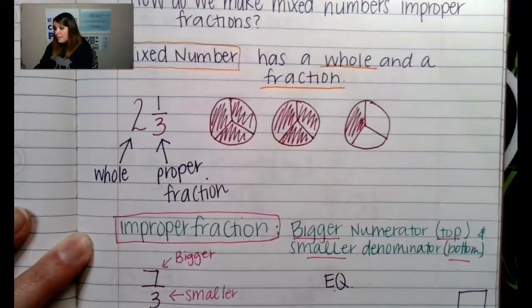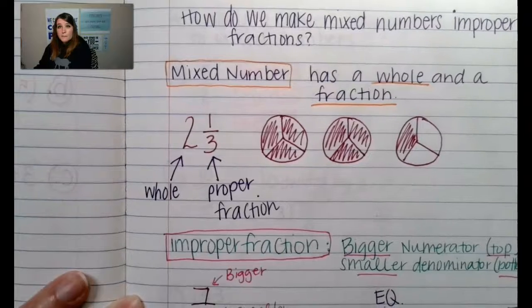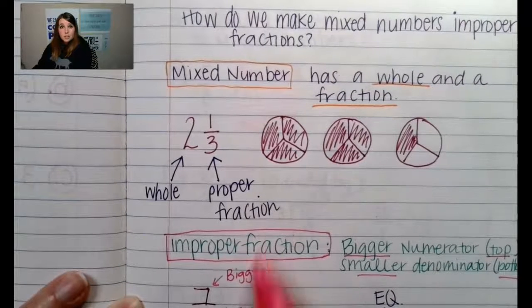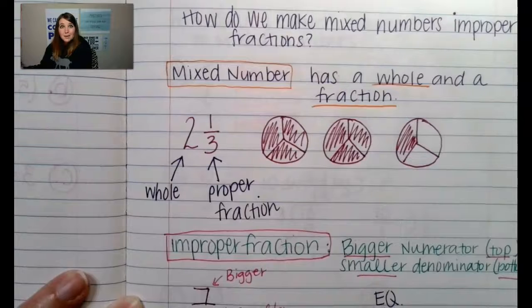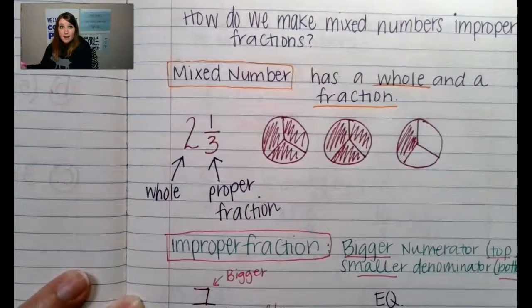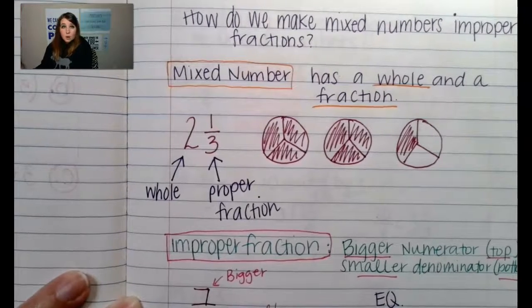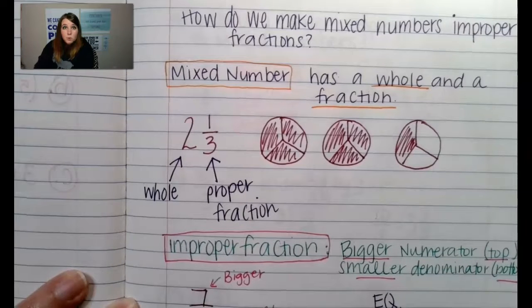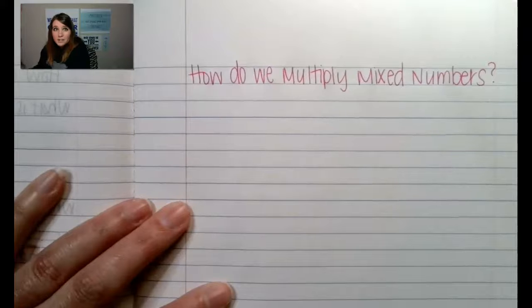So in this lesson today, we are going to be turning mixed numbers into improper fractions so that we can actually multiply a fraction by a fraction. So, yep, this is the moment we've all been training for.